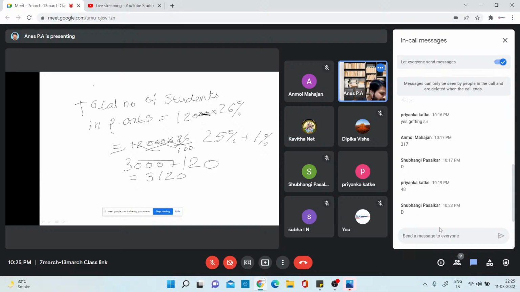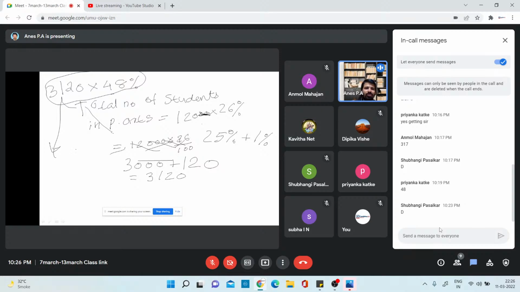This is not the number of female students. So we need to find the number of female students. Of 3120, we need to find the 48 percentage. Got the point? We need to find the total number of female students in performing arts. Here also we can do some tricks.